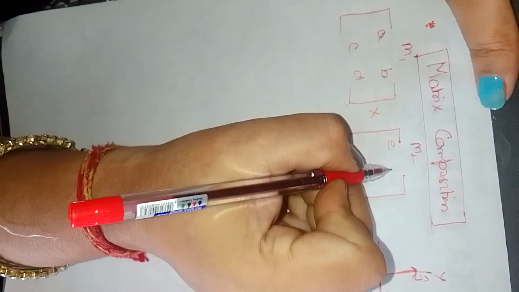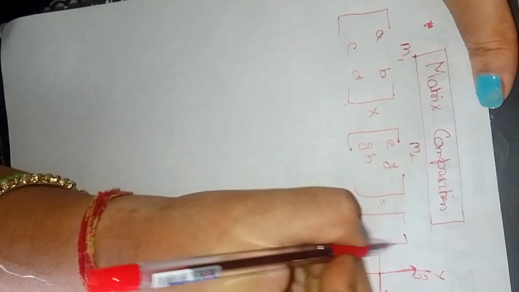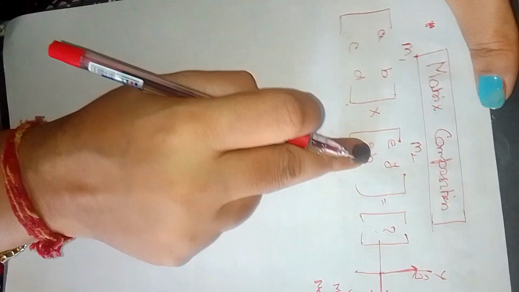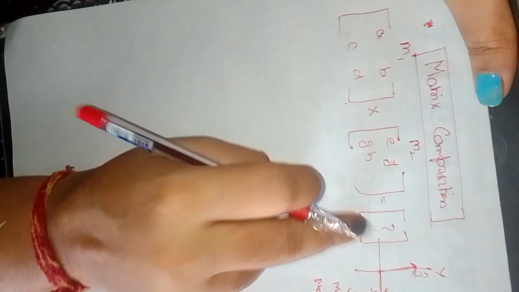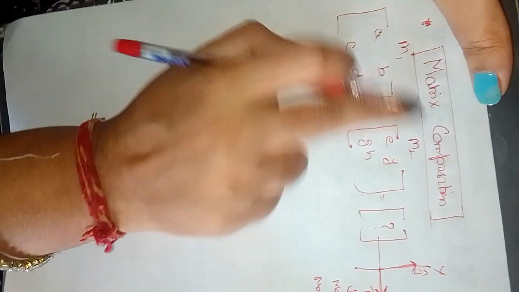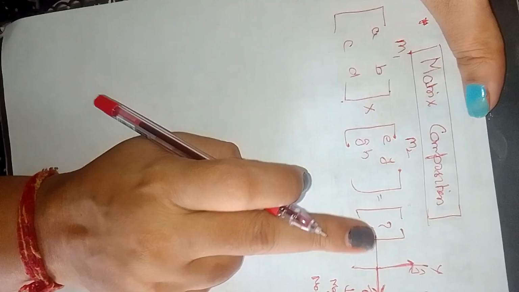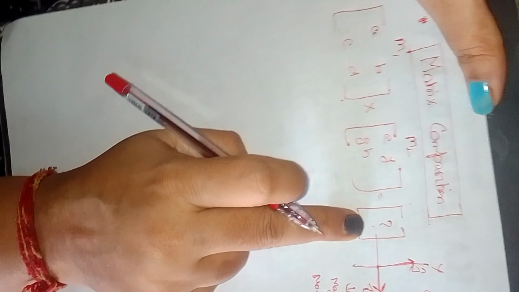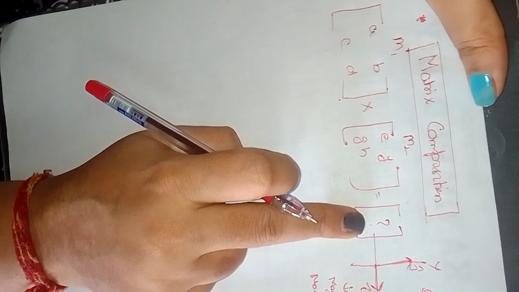This is called M2, and we write it as E, F, G, H. Now I want to ask all the students, what comes after the product of these two matrices in this blank space? That is called matrix composition.